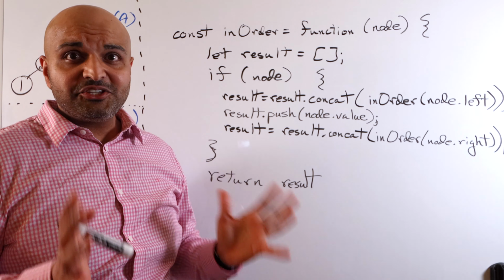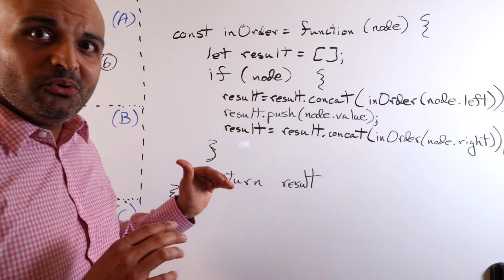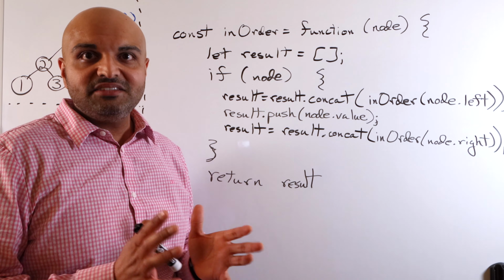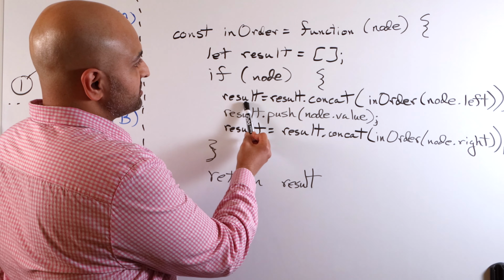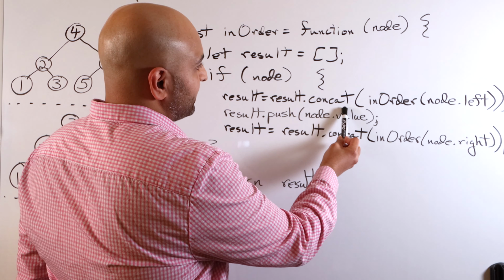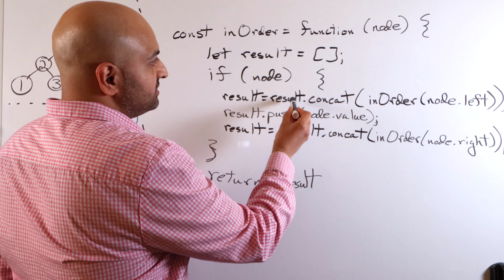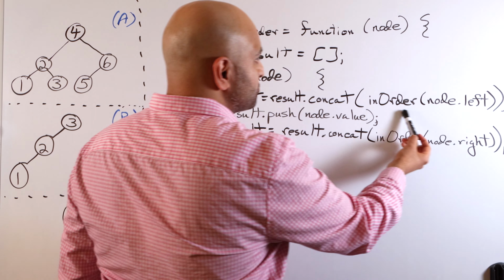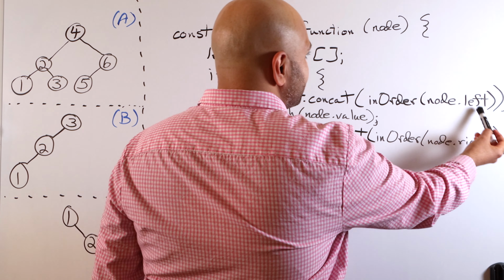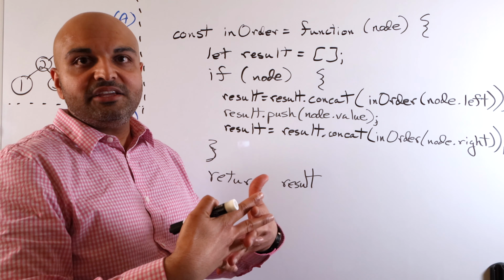All right, so I just wrote a bunch of code, and it's not that many lines, but it's not the most easily understandable code either. What we're basically doing is saying result equals result.concat. Whatever array is in result, take that array, concatenate it with the array that's returned by inOrder(node.left), and return a new array that is the concatenation of those two.